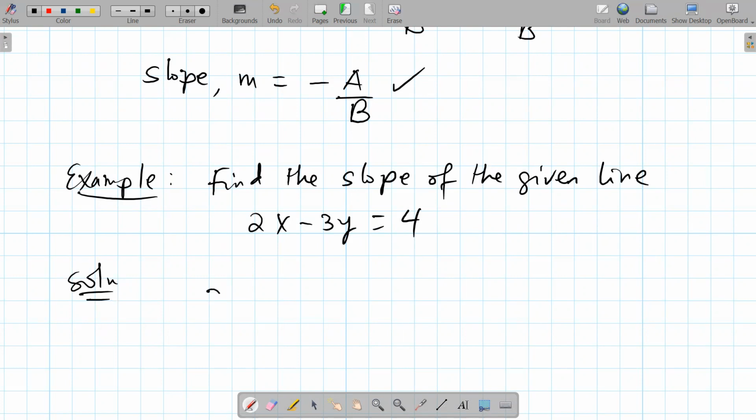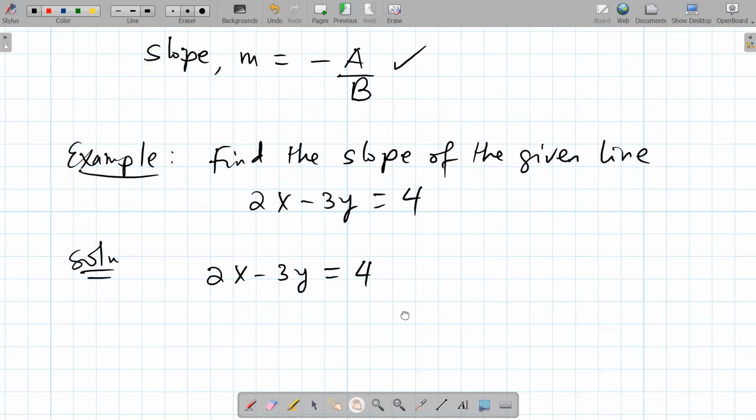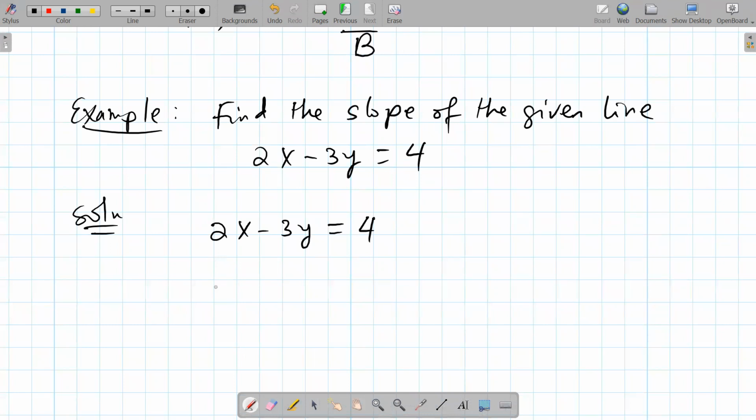Remember that this is in standard form. And if I do a comparison, look at it carefully, if I compare with ax plus by equals c, it's very, very easy when you do it this way.